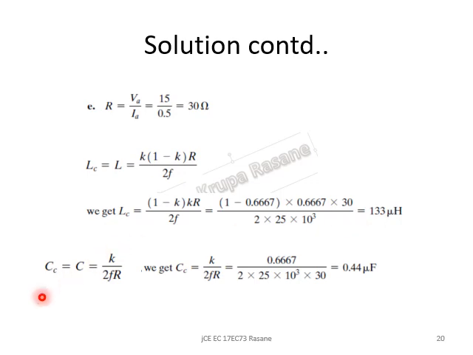And again, we know the critical value of the capacitor formula, which is equal to K upon 2FR. Hence, substituting that value, I'll be getting this as 0.44 microfarads. So there were two formulas. For the critical inductor and the critical capacitor I have given the simplified version in terms of K that we have used in the formula. That will become a faster way of solving the problem. Or you can use the bigger formula as well here.